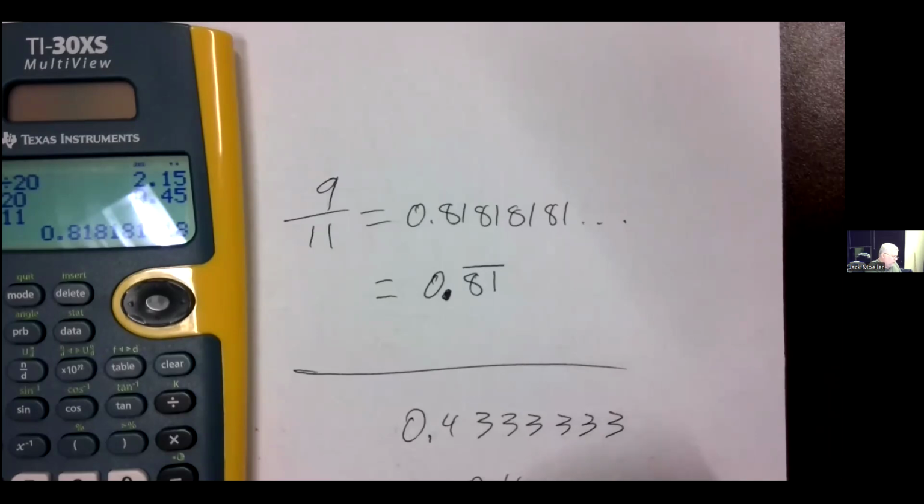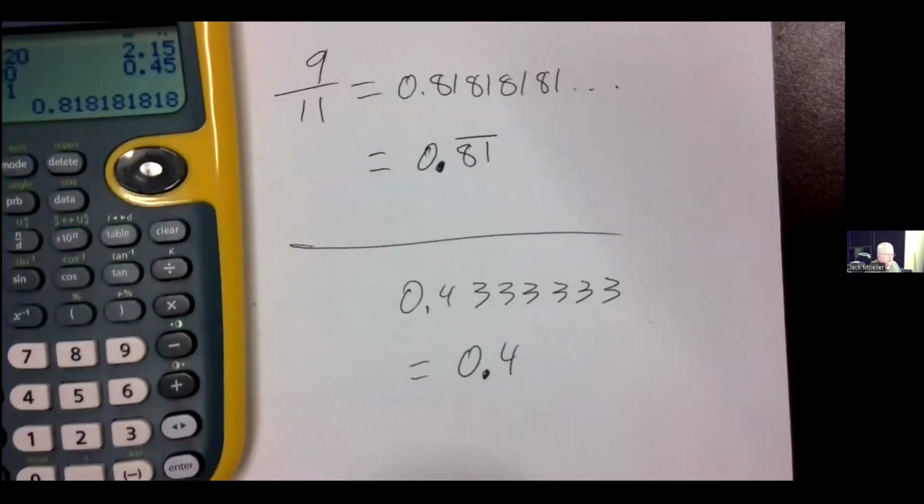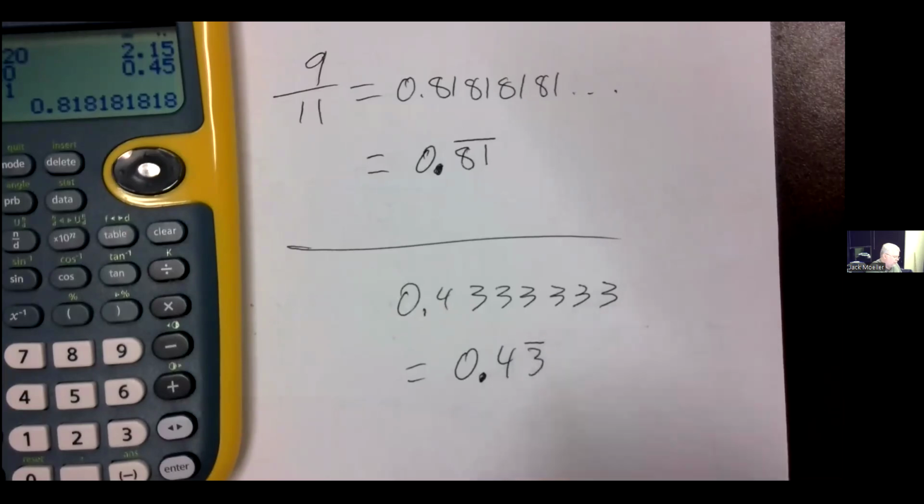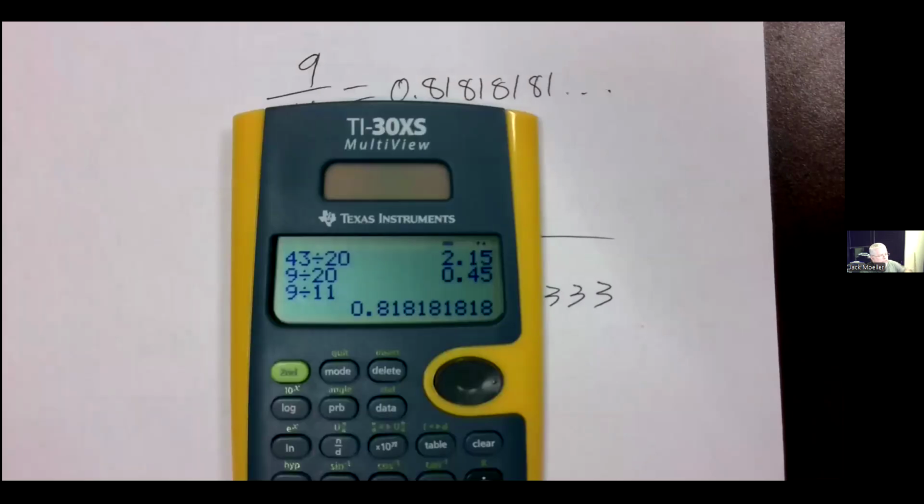The 4 is not repeating, so you just put the 4. The 3 is what's repeating, so the bar would just go over the 3. So you might see that occasionally. It's just a notation that we don't use a lot. But if you ever need to convert a fraction to a decimal, just do the divide by instead of the fraction bar, and you get your decimal.